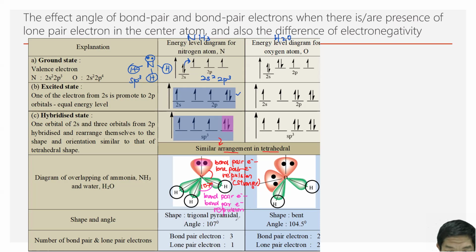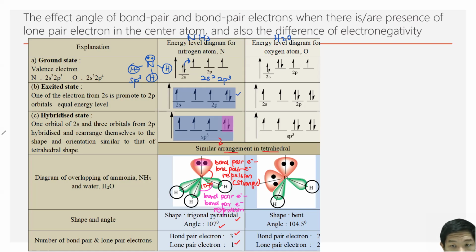Instead, you call the shape trigonal pyramidal, with the angle 107. Inside the ammonia, as you can see, it has 3 bond pair electrons and 1 lone pair of electrons. So this is how we describe ammonia.